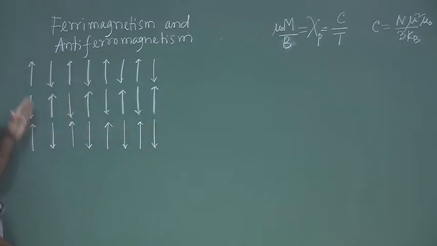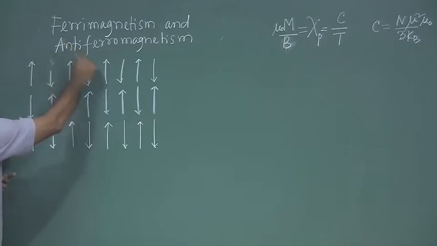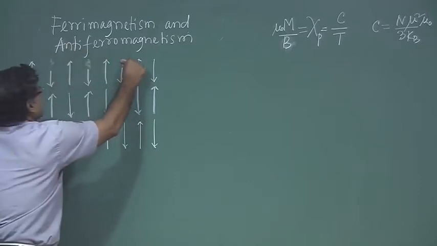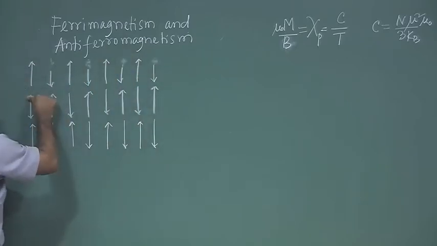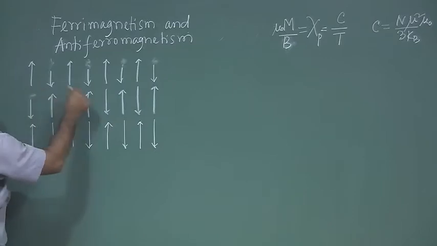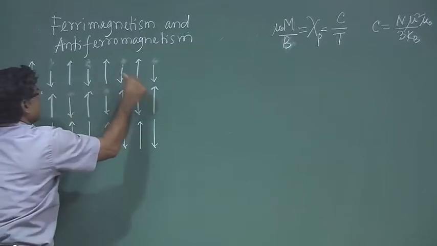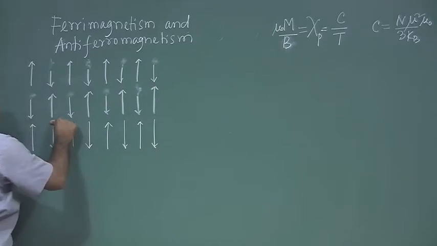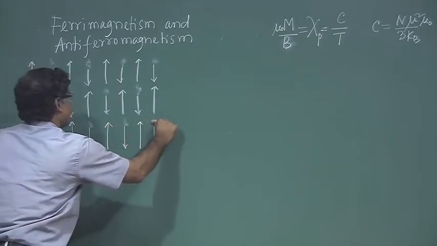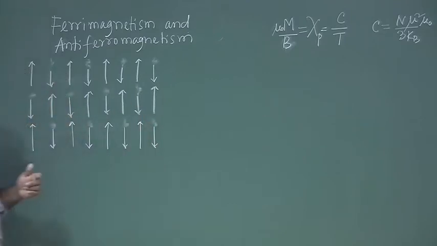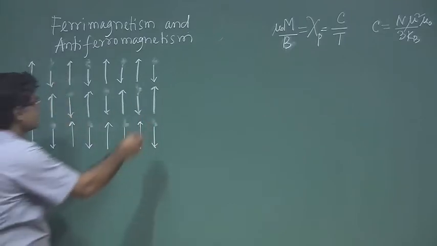The only difference, as I told, is that in case of antiferromagnetic the magnitudes are the same, whereas for ferrimagnetic this magnitude will be different, this magnitude will be different, this magnitude will be different. Then we call it ferrimagnetic.